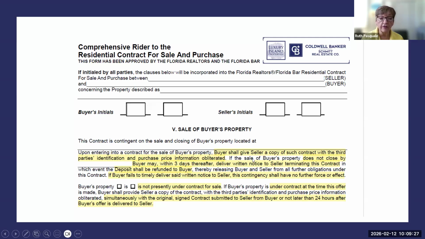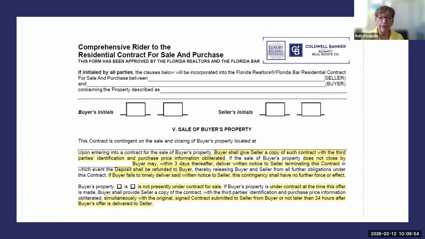So what we're saying here is you're going to provide that contract, but you're going to obliterate or redact the purchase price on that contract, because it's not really any of our sellers' business what the purchase price is, and you don't want that to influence the seller's decision, right? And also the identity of the parties involved in the purchase of the buyer's contract. I think that makes sense.